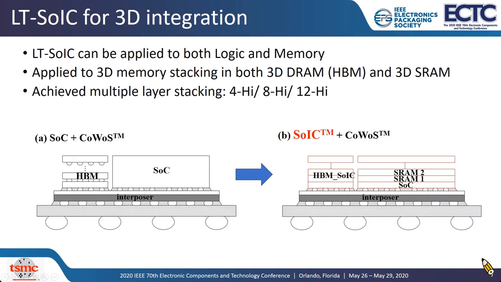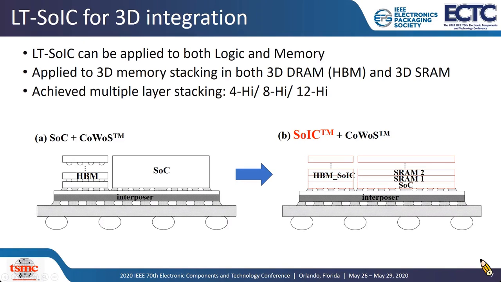Figure A shows typical integration of HBM cube and SoC die onto a CoWoS platform for the application of HPC products. In Figure B, it shows why the newly developed low-temp SOIC has great potential and strong benefits to replace the conventional microbump-based 3D IC.